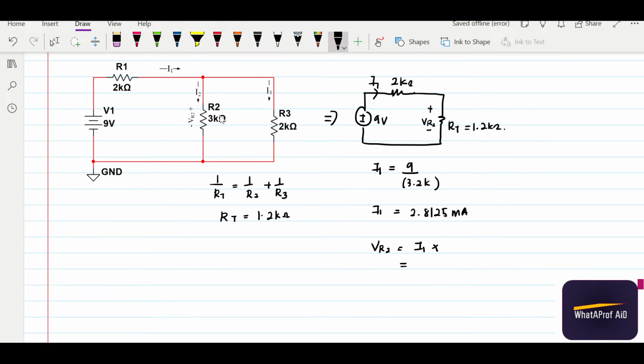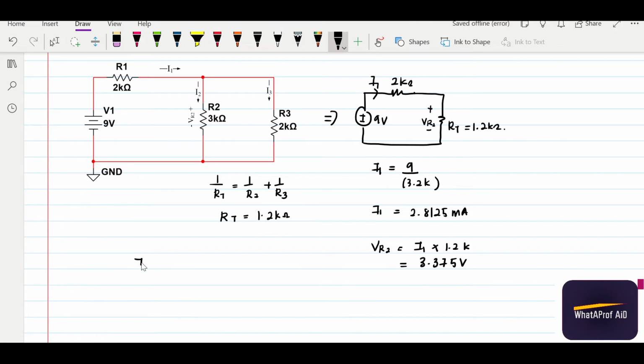If you want to use the 3k, we have to find the I2 first. Later we can compare the answer. So here we have 3.37 volt.